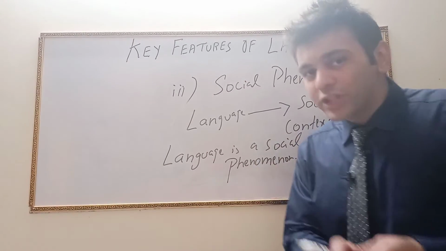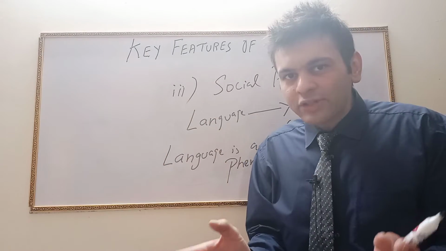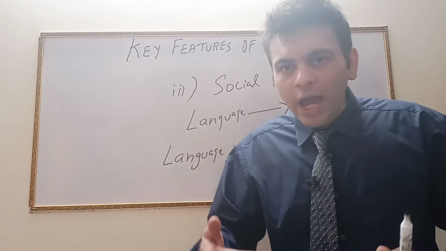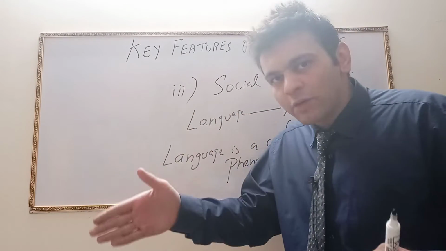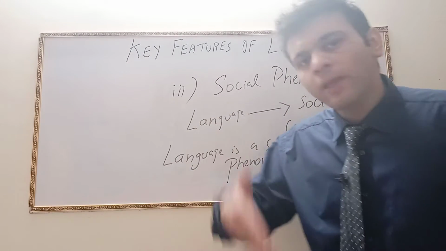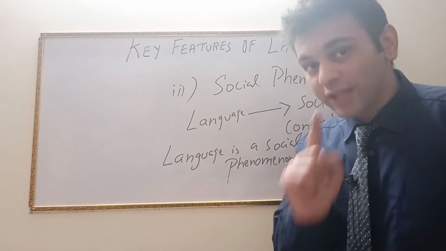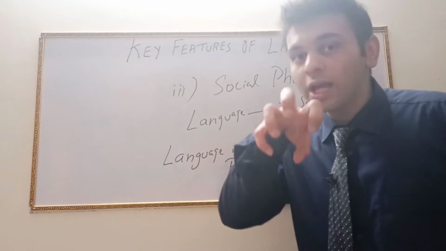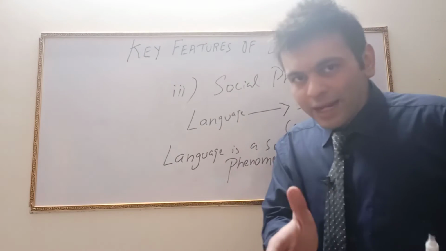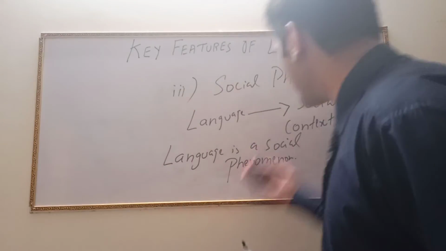Language is not just an isolated entity that can be analyzed along the line of its structure and organization by segmenting its different elements or components in the form of phonology, morphology, syntax, semantics, pragmatics, and then ultimately discourse. It is something that is used in a social context. So the social perspective of language must be analyzed thoroughly. That's the third feature. Now, let's move towards the fourth feature.